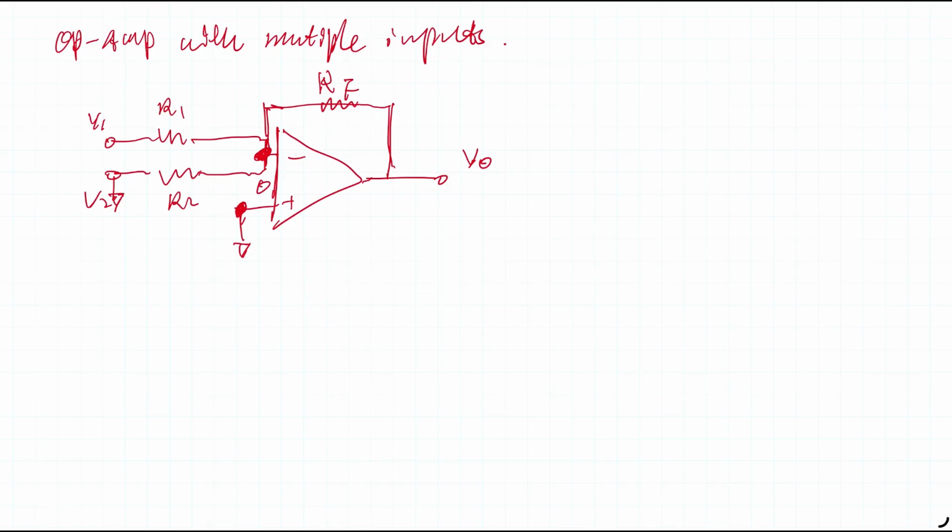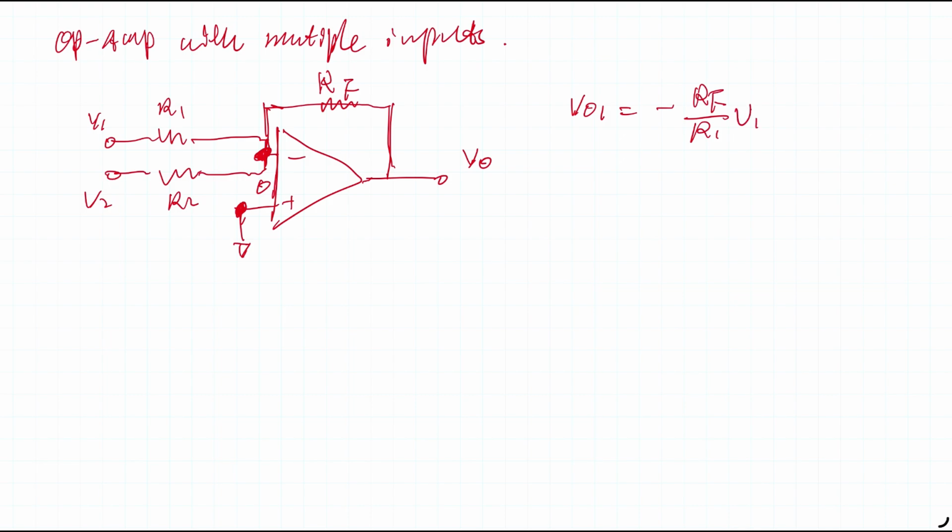If this is 0, both sides of R2 are at 0, so there is no current flow through R2, and R2 is basically out of the picture. So in this case, Vo1 is minus RF, the feedback resistor, divided by R1 times V1.